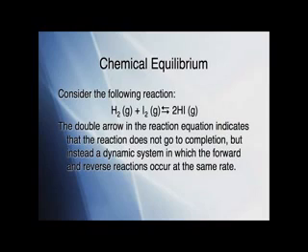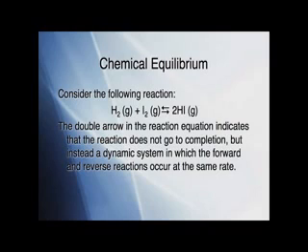The key is that the reaction is taking place forward, for instance, hydrogen and iodine molecules colliding to form hydrogen iodide, at the same rate that hydrogen iodide molecules are colliding and decomposing to hydrogen and iodine gases.